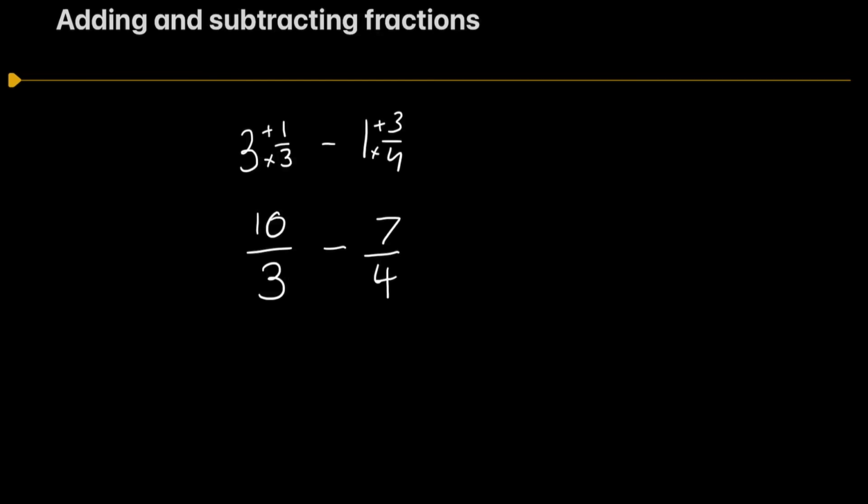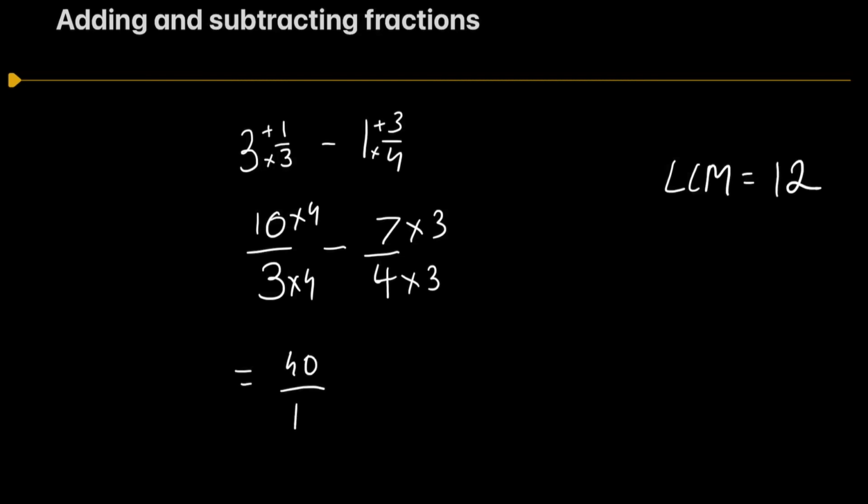So since they have different denominators, you have to find the LCM. And since 3 is a prime number, you can just multiply 3 into 4, which is 12. So 3 into 4, and the numerator also into 4. Then 4 into 3 is 12, so 7 also into 3. This will give you 10 into 4 is 40 upon 12, minus 21 upon 12.